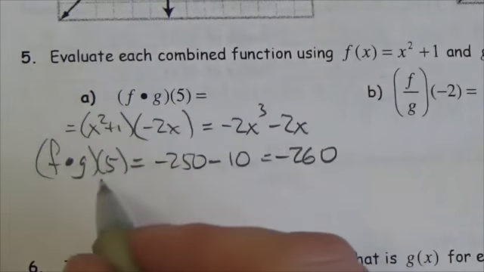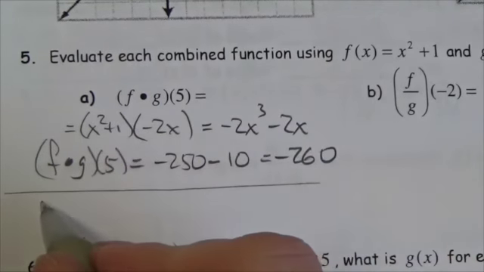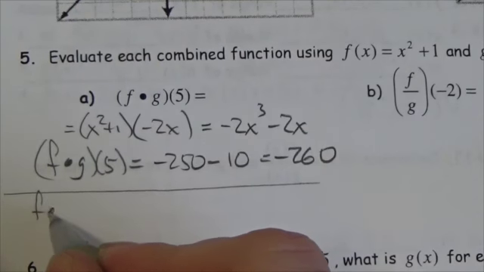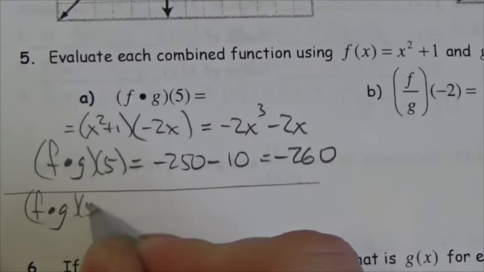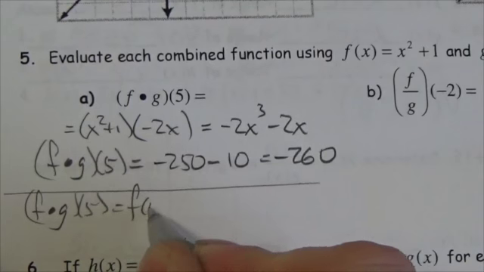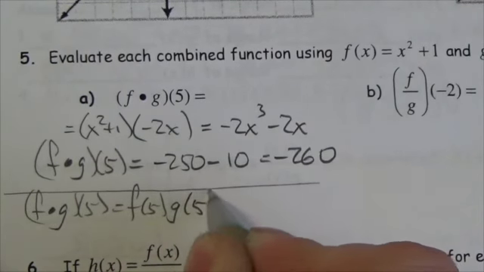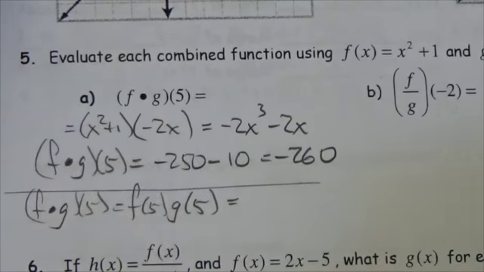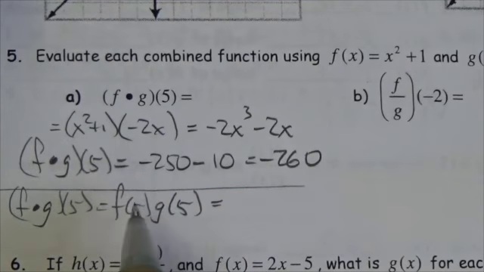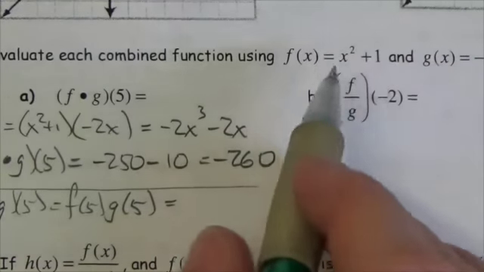The other way of doing this is, because we're multiplying f and g together here, we can do f times g at 5 is going to be f at 5 times g at 5. You can do this in a slightly different order, and you might find this a fair bit easier. I'm going to just do it really quickly like this here.